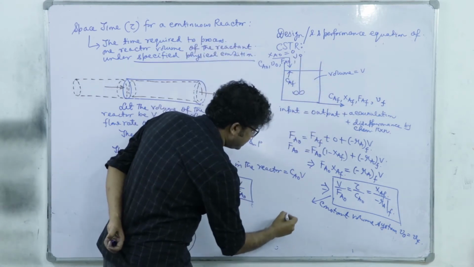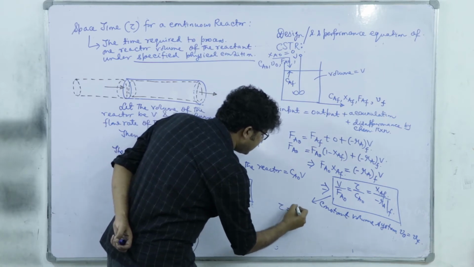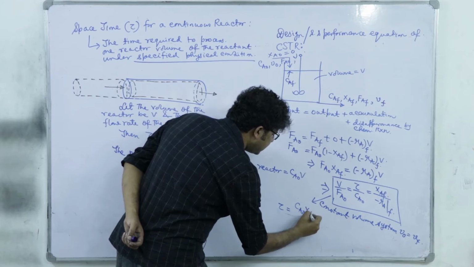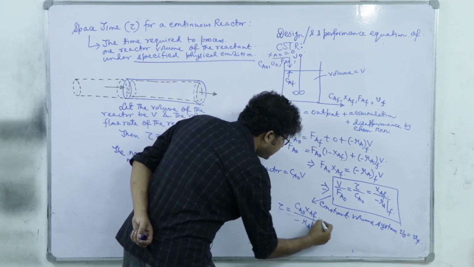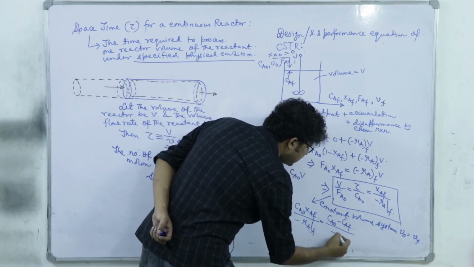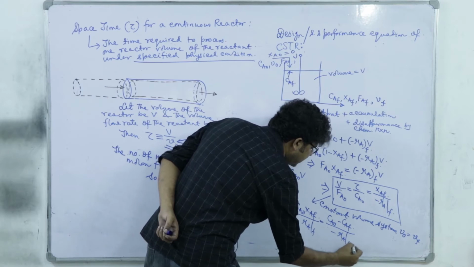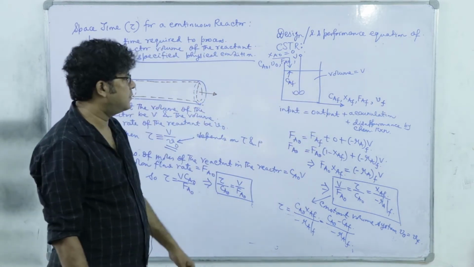Under this situation, tau is equal to Ca naught into XAF divided by minus Ra at F, and that is equal to Ca naught minus CAF divided by minus Ra at F. So, that is the equation for a constant volume system.